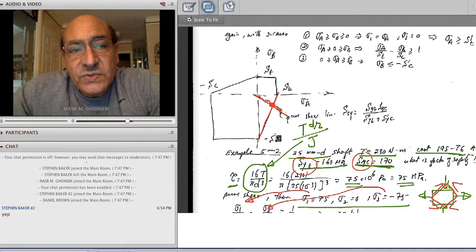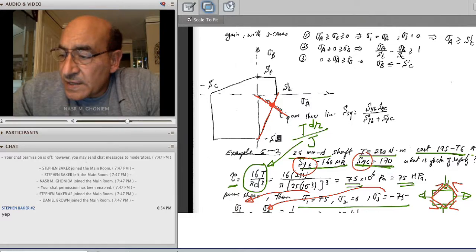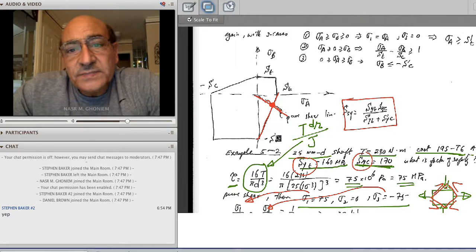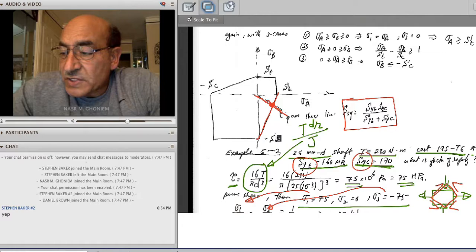If we solve these two, we find the coordinates, and it gives us the value of the shear strength at yield. So it's kind of a geometric mean of the strength in tension and compression.